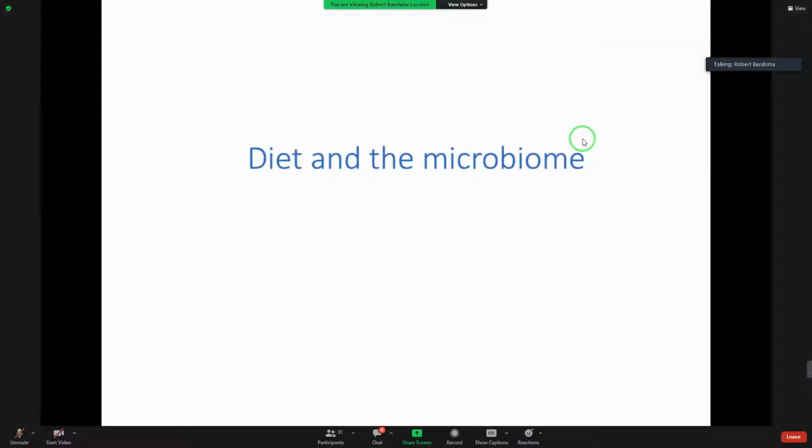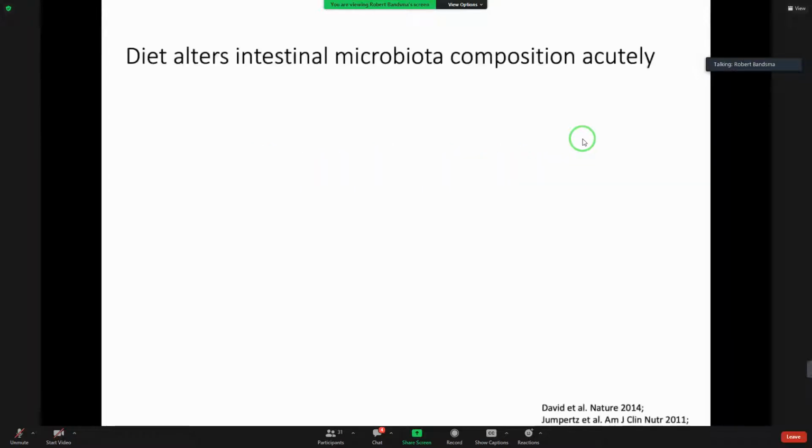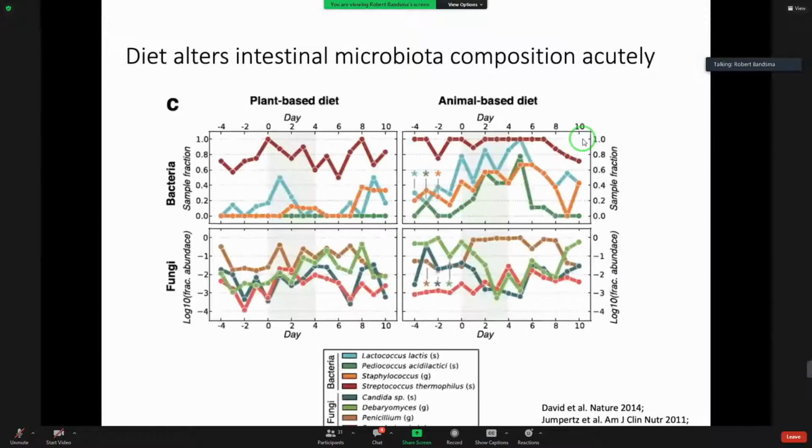Okay, moving on. So now you have a little bit of background. So now we can move on to examining the relationship between diet and the microbiome. There's some early work that was done about 10 years ago by a group, a really elegant set of studies whereby they fed people different diets over the course of 10 days.